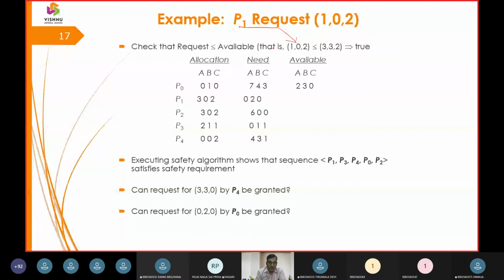Earlier it was 2 0 0, now it is asking for one more request, so it has become 3 0 2. Whether it meets the need, whether it is going to be given or not, is going to be measured. How it accepts that scenario will be derived. We have already shown that.